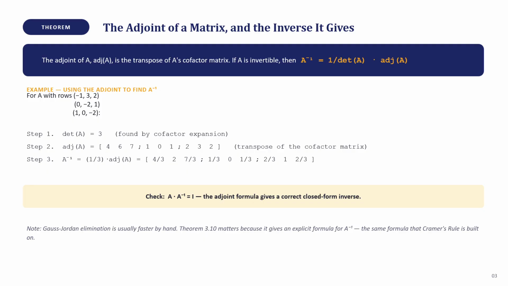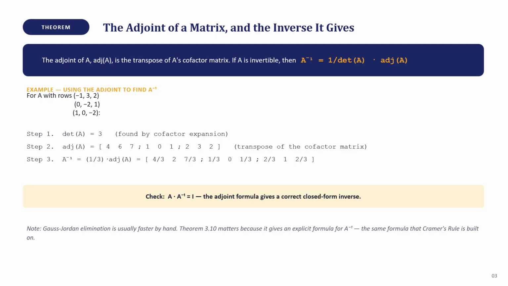Our first step is to rewrite the determinant of A. So det A is equal to 3, found by cofactor expansion. Step 2 is to transpose the cofactor matrix, which gives us adj A equal to 4, 6, 7; 1, 0, 1; 2, 3, 2.